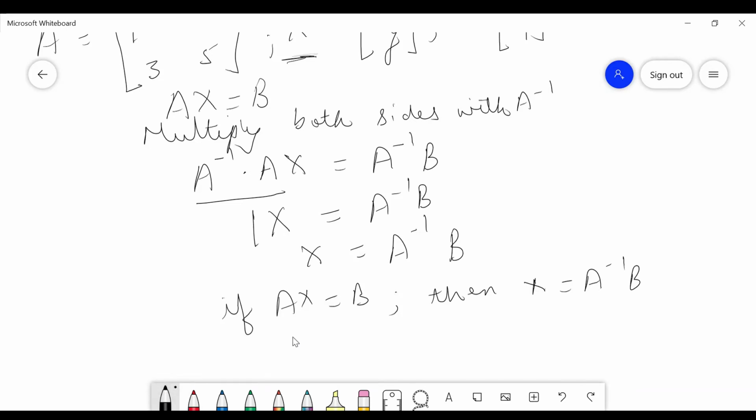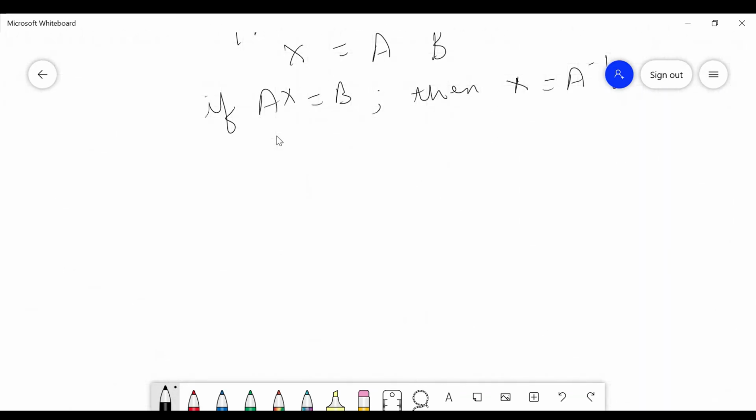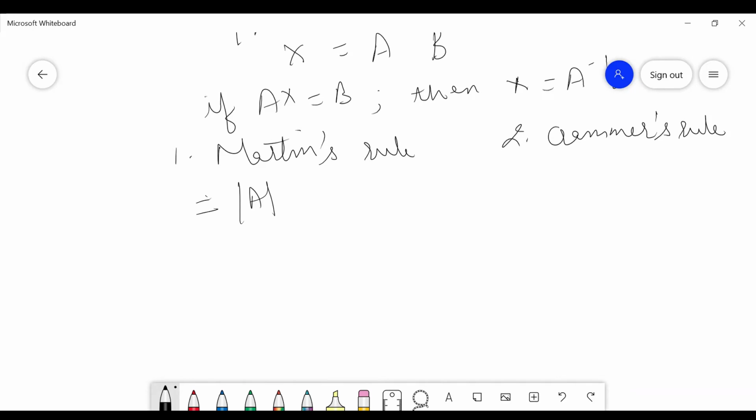In order to solve these linear equations, we have two methods. First is Martin's rule, and second is Cramer's rule. Under Martin's rule, first of all we will find the value of the determinant.